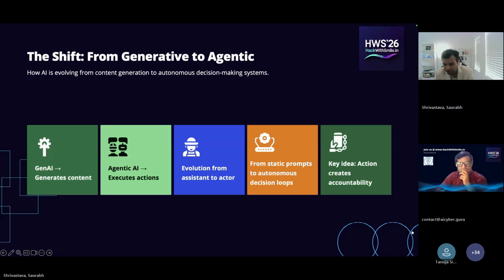If you look at how agentic AI evolved in the last, I would say, 2 years, almost 3 years: first ChatGPT launched and everyone went crazy about it, saying oh, this is nice, it's creating content for us. And then you start using maybe ChatGPT, Claude or Gemini.